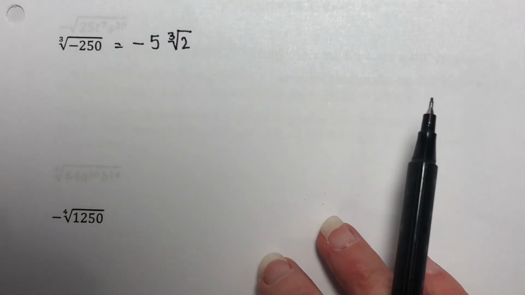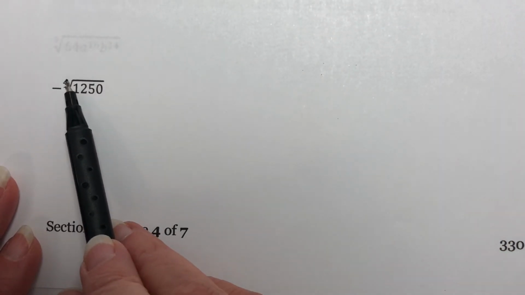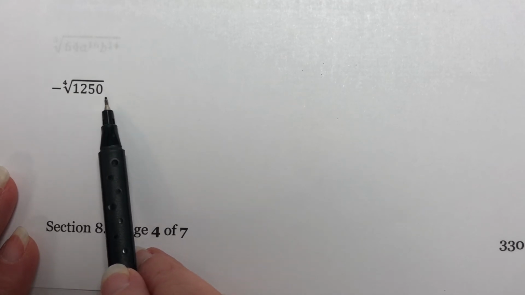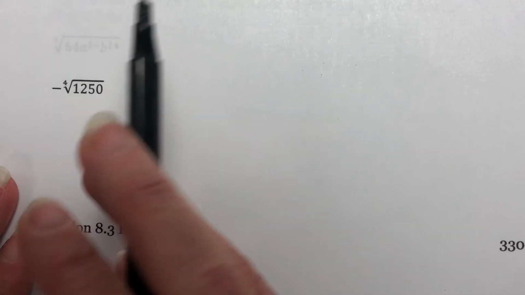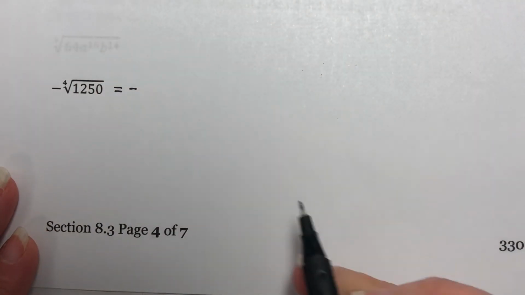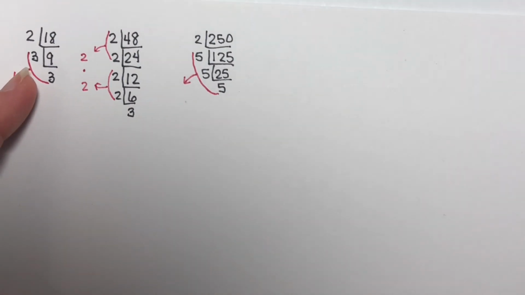Okay, so let's find negative 4th root of 1,250. Okay, I have a negative on the outside, which is always okay. You just move the negative over. Now I need to find the 4th root of 1250, so I need a prime factorization of 1250.